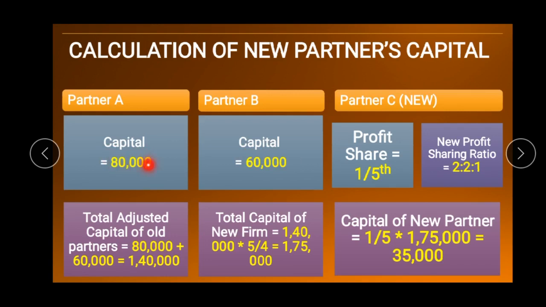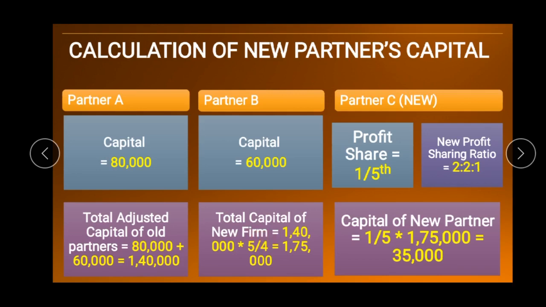So 80,000 plus 60,000 is equal to 1,40,000. It is the total adjusted capital of the old partners, 1,40,000. Now we have to calculate the total capital of the new firm by multiplying 1,40,000 with the reciprocal of the total share of the old partners.